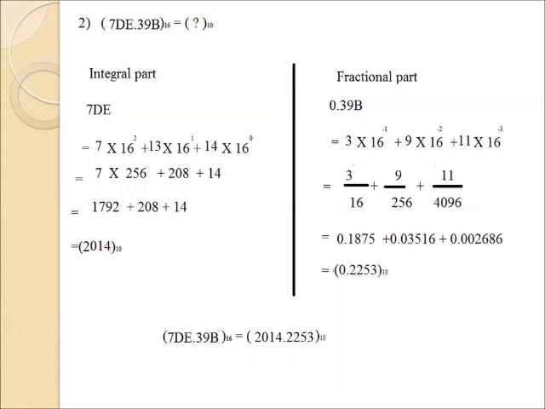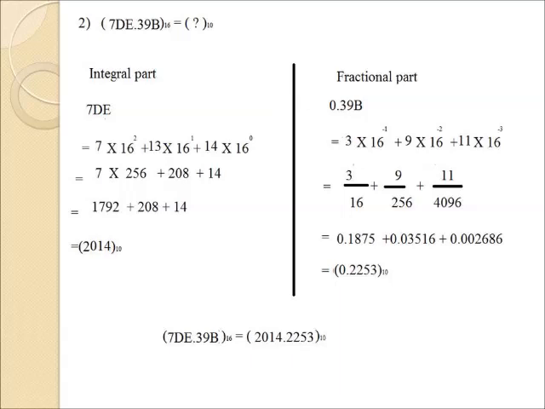16 raised to minus 1 can be written as 1 by 16, 16 raised to minus 2 can be written as 1 by 256, and 16 raised to minus 3 can be written as 1 by 4096. So when we apply this, we are getting 3 by 16 plus 9 by 256 plus 11 by 4096.